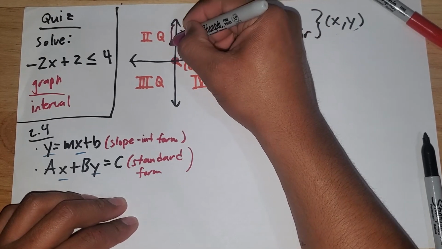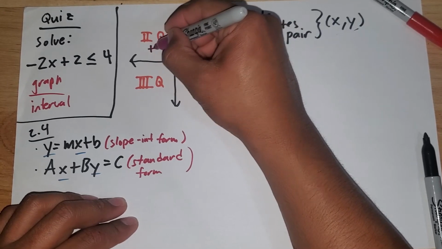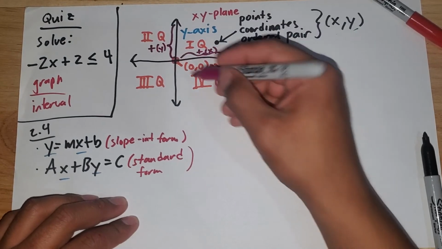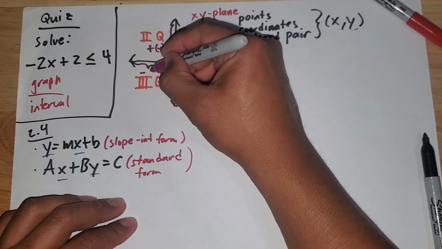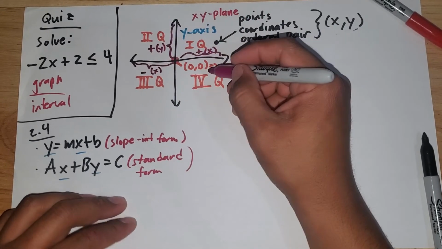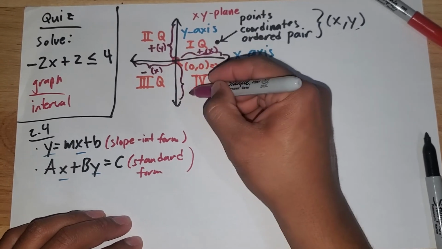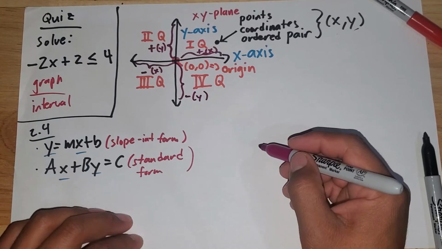Here represent all the positive Y values. On this side, this represents all the negative X values. Here are all the negative Y values.